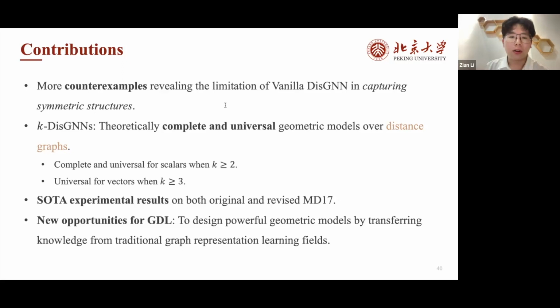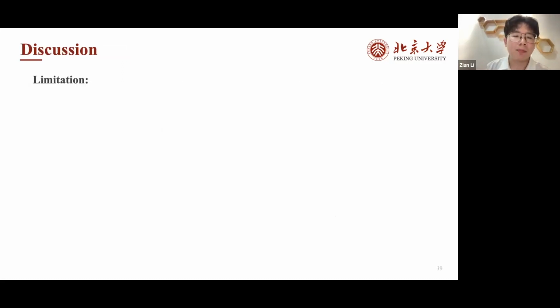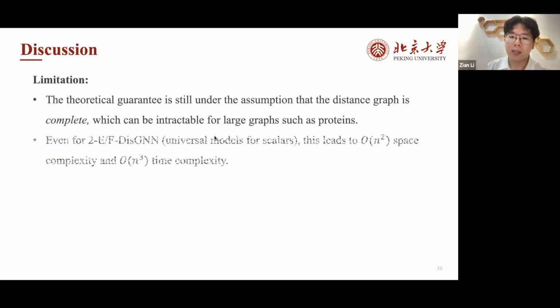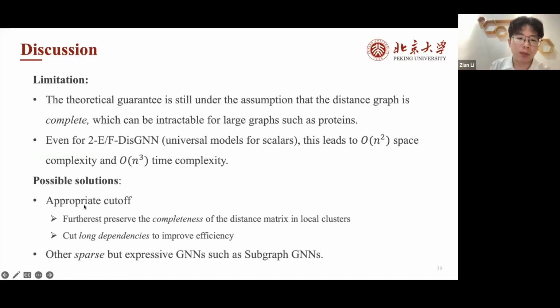And for large molecules, as we said in the limitation part, it is actually intractable because we need the complete distance graph to achieve high theoretical performance. But as we said in the possible solutions, we can use sparse but expressive GNNs such as subgraph GNNs. So maybe we will focus on using subgraph GNNs, test them on large molecules, and report these results afterwards.